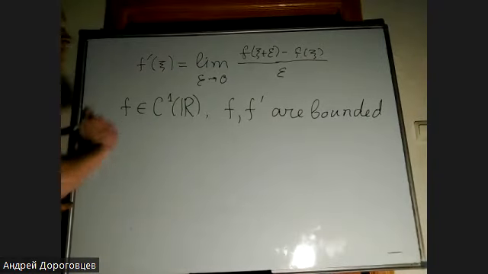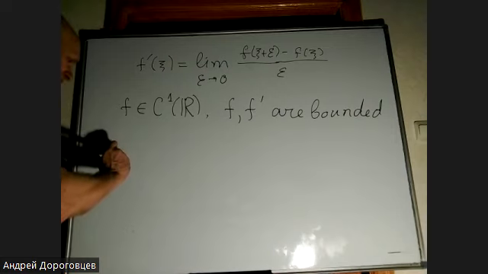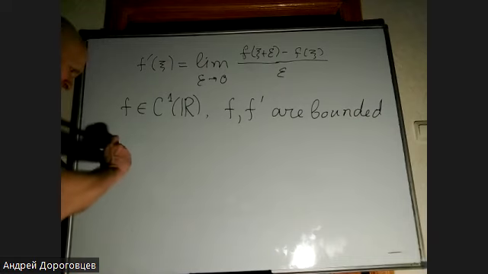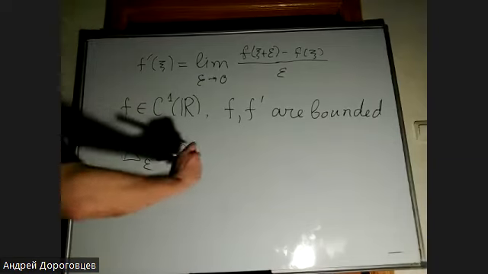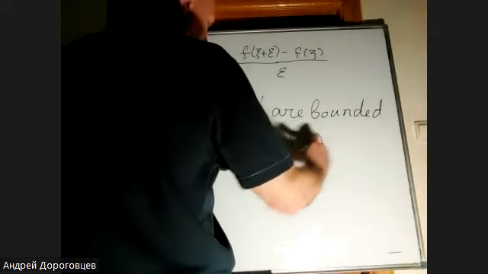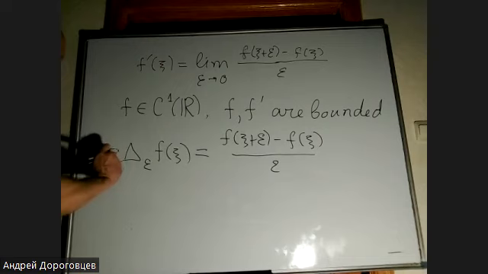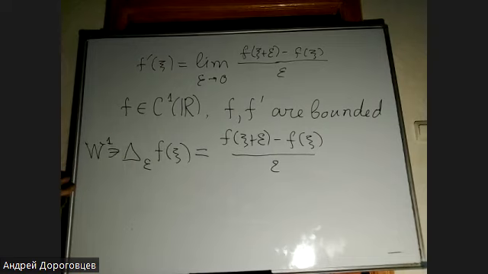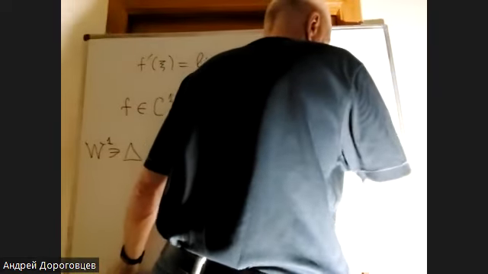Then it can be checked that the random variables d epsilon of f of psi, which are (f of psi plus epsilon minus f of psi) divided by epsilon, are now from W1, and moreover, they converge to f prime.